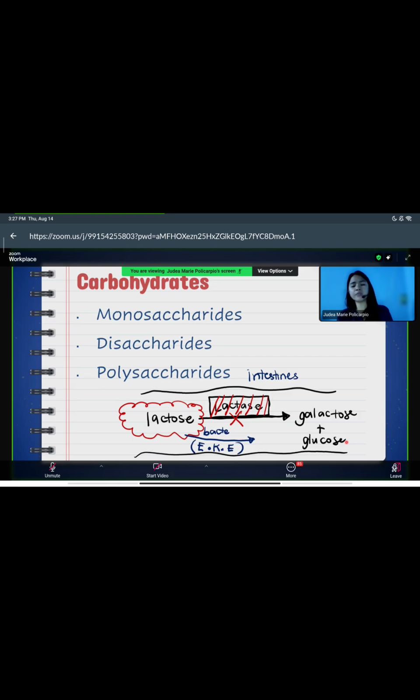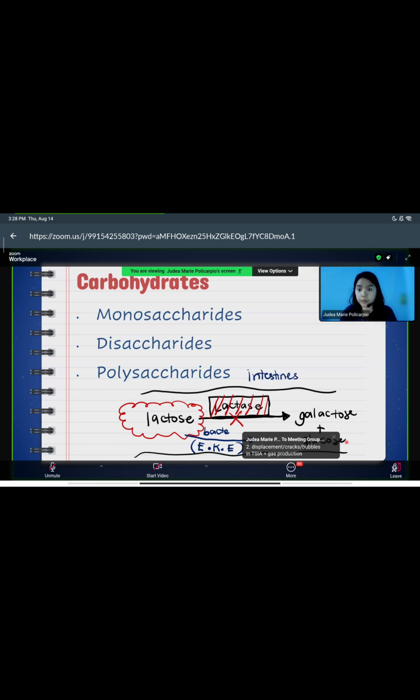Anong ibig sabihin pag may displacement, may cracks, or may bubbles sa TSI natin? Sa triple sugar iron agar, di ba? Pag may cracks, may bubbles, may displacement, this would be a sign of gas production.